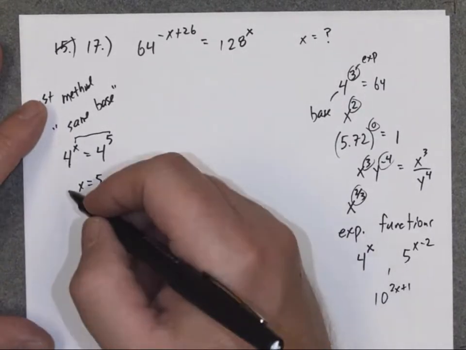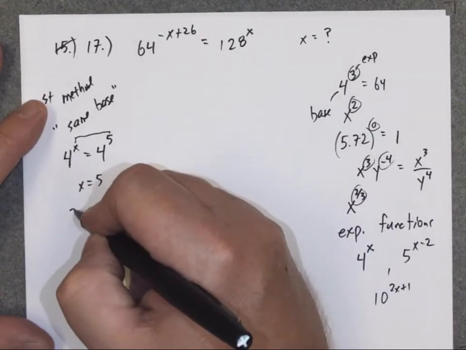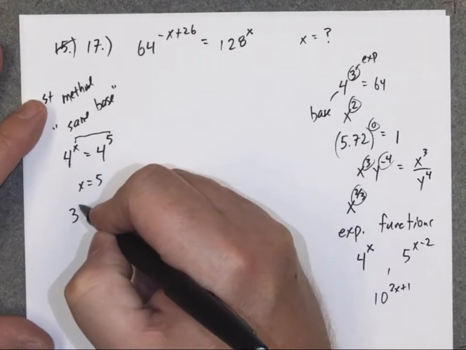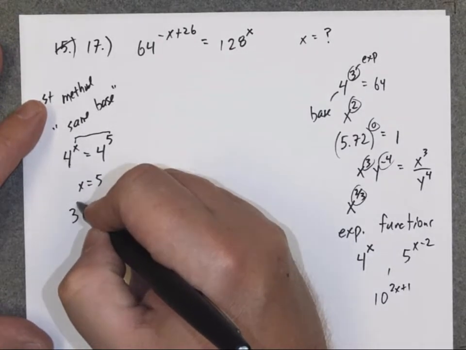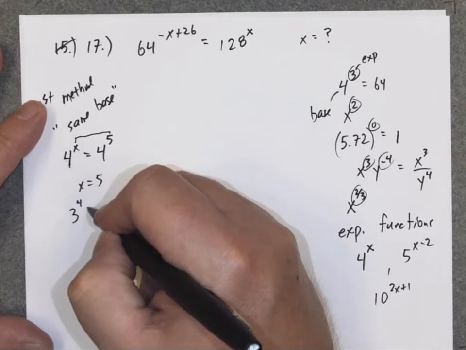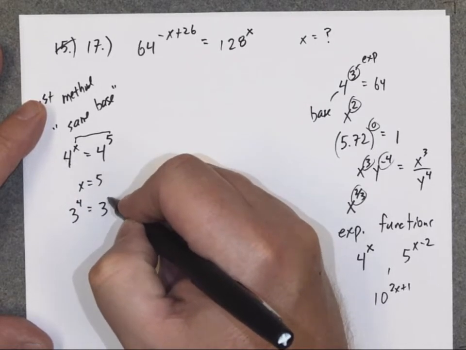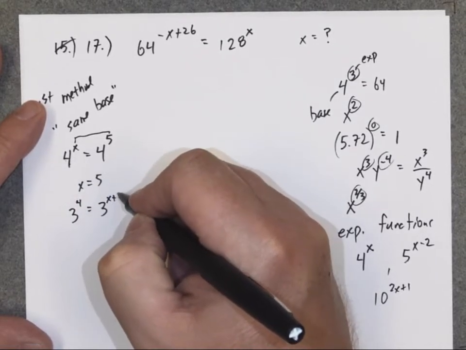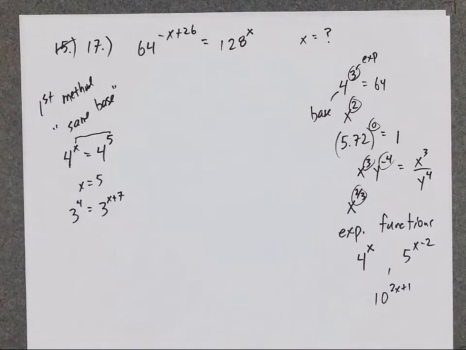Let me do one that's a little different. How about 3 to the 4th equals 3 to the x plus 7. Looks a little more goofy, this x plus 7, but you know what?